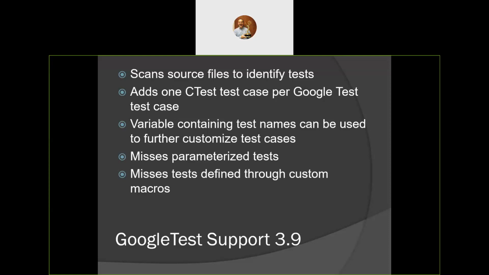Why would you write custom macros? For instance, you might say, I have some tests that access an internal data structure that's only available in a developer build, and that data structure is not available in a release build, so I only want to add these tests in Google Test if I'm building a developer build. So you won't get those tests either.